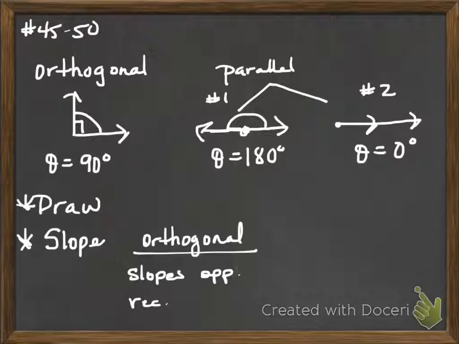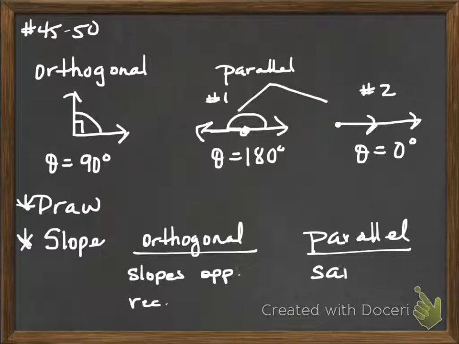If your vectors are parallel, then your slopes are going to be exactly the same. The formula is not hard to find the angle between two vectors, but it's a lot simpler just to do slope because it's something mathematically that you already know how to do.